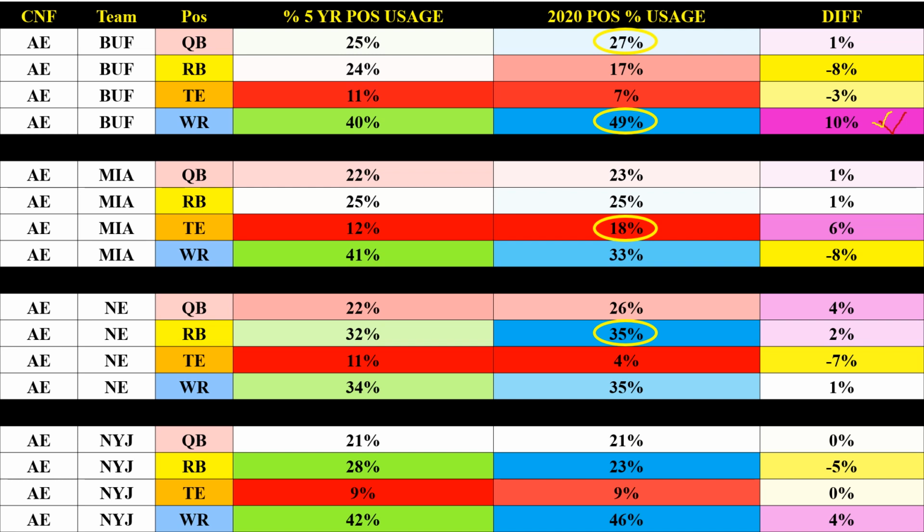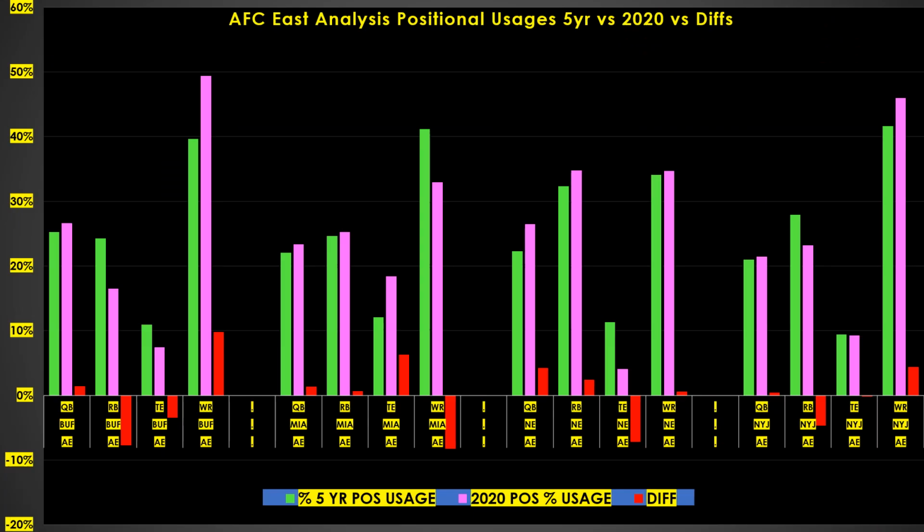So you need to combine those with some of the other lessons we've taken. And again, I don't know if people look at things at the conference level, but it sure to me points to key positions to invest in. And I think we've gone over those. So I think the East is pretty good. I think if you want to see a visual side, I did include, probably overkill, the visual side. Green is 5-year, purple is 2020, and the red is plus or minus improvements.